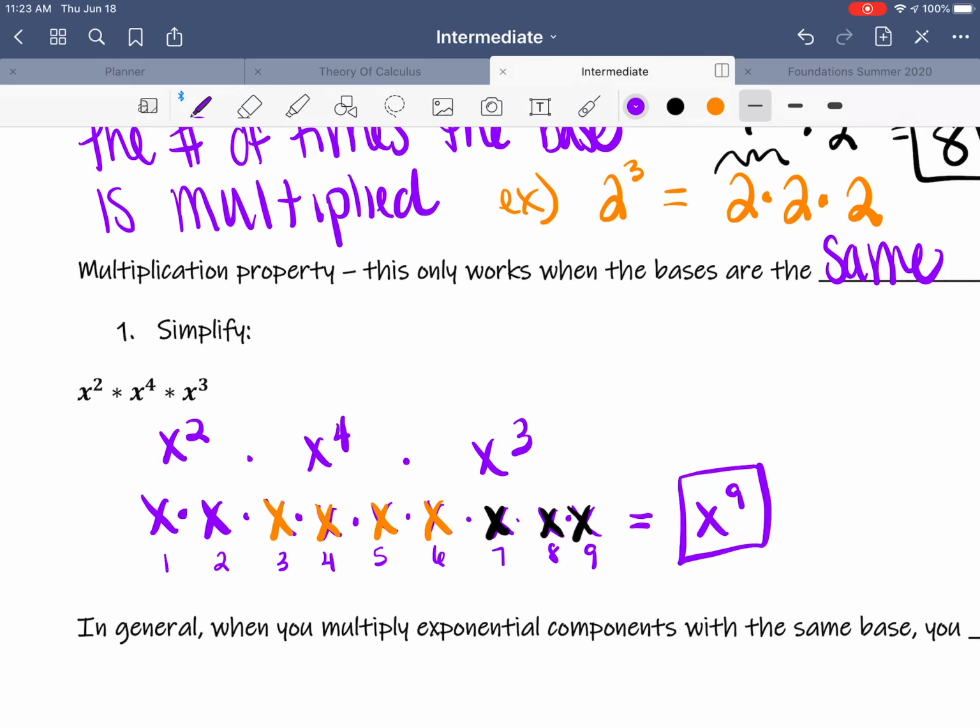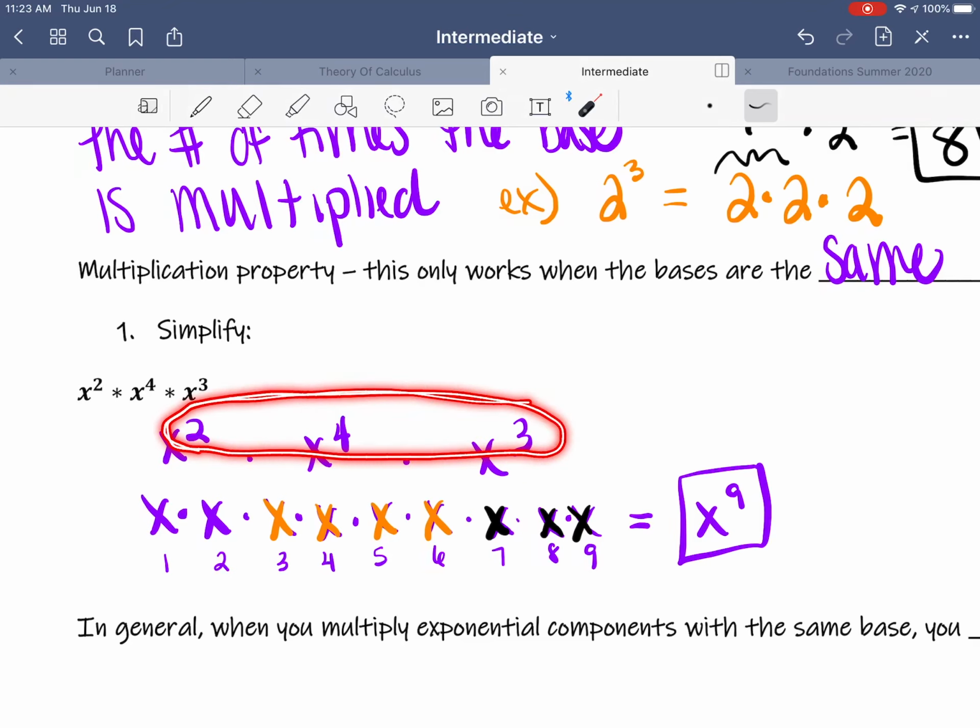So I can say that x squared times x to the fourth times x to the third is x to the ninth. Let's explore that for a second and focus on these exponents. Can you think of a way we can use these exponents to come up with 9?